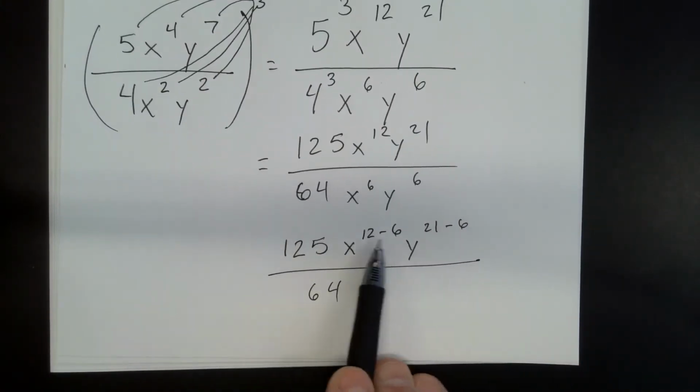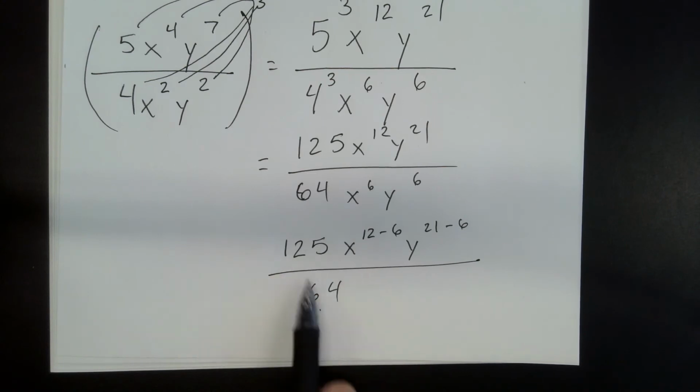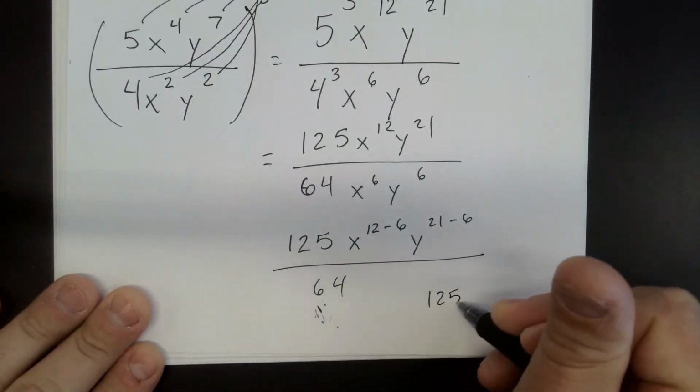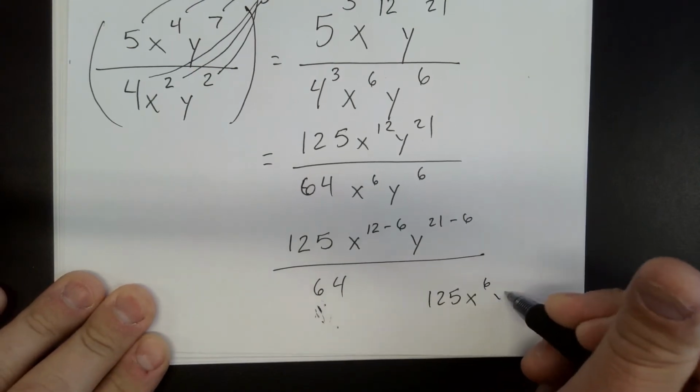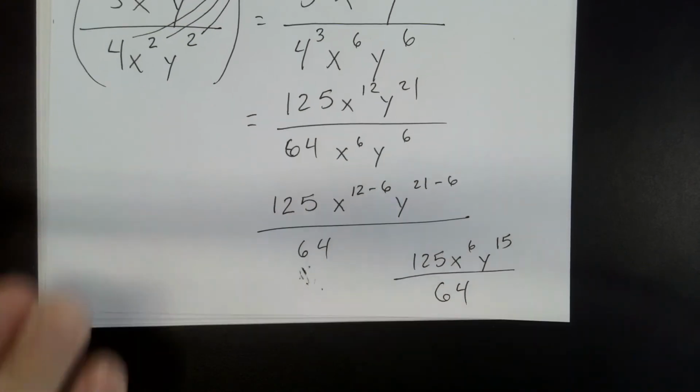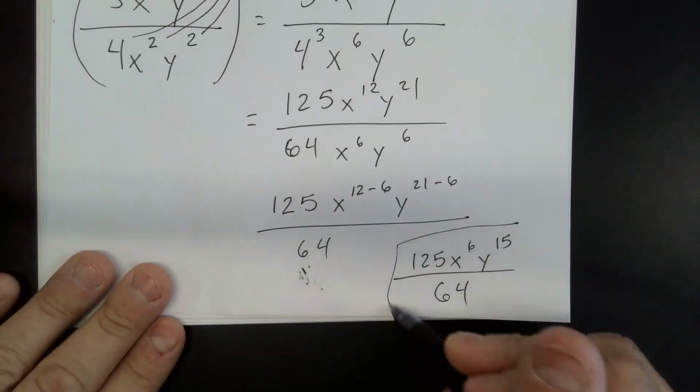Because there's already a fraction here with integers, the fraction stays the same. We don't change that unless we can reduce it. If you can reduce the fraction, you have to reduce it. But this thing won't reduce. So this problem is going to turn into 125 x to the 6th, y to the 15th over 64 as your solution.